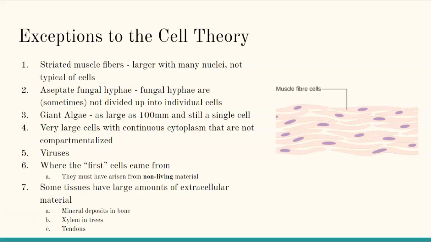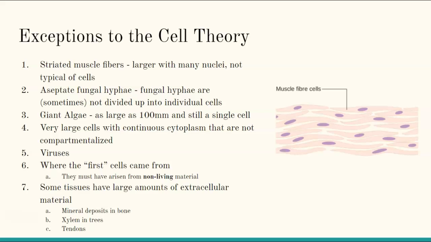Where did the first cells come from? I mean, if all cells come from pre-existing cells, there had to be a first cell. So they must have arisen from non-living material. And that is like, well, okay, so they can spontaneously appear? Sort of. We'll talk about that in the next slide.